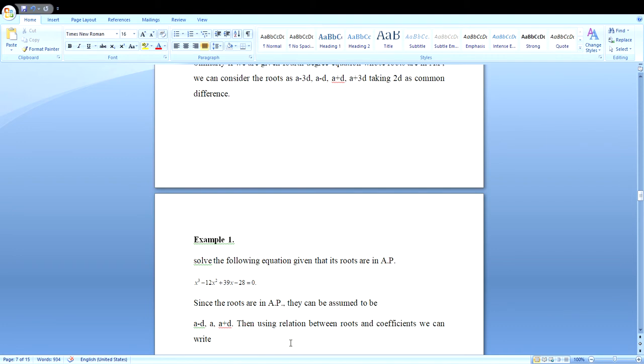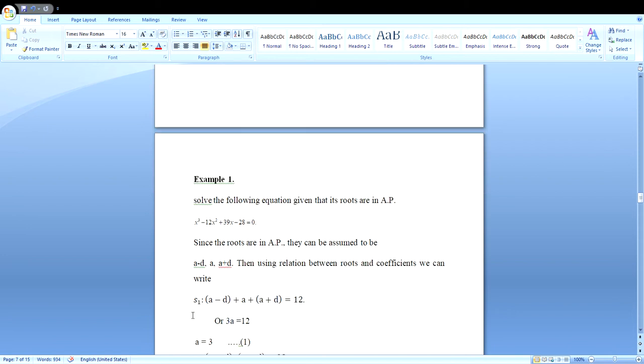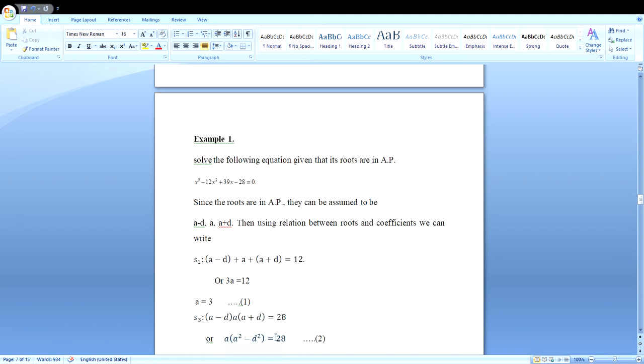Then using the relation between roots and coefficients, we can write S1, the sum of the roots, a minus d plus a plus a plus d, equal to minus a1 by a0. Here a1 is minus 12, therefore it is 12, and a0 is 1. Adding these three, d gets cancelled, 3a equal to 12.